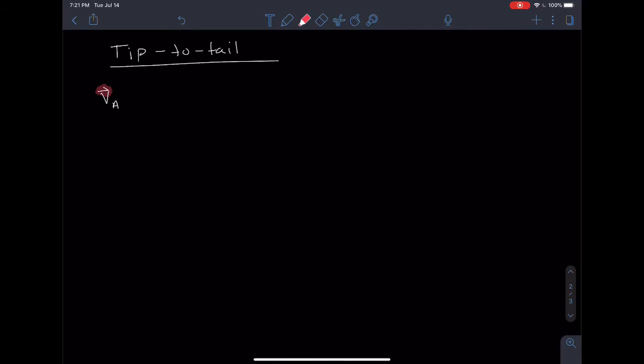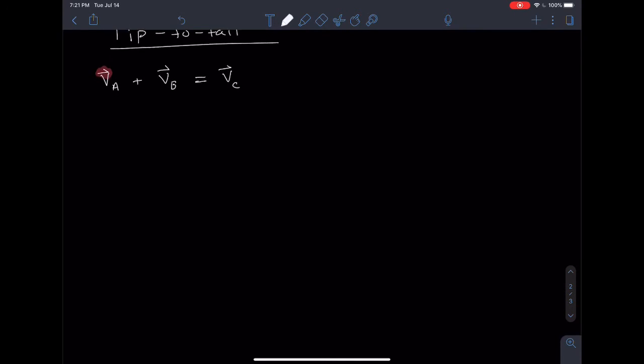You might see something written in bold, but since I'm handwriting, I can't write in bold. A vector always has this little arrow on top of it. Let's say we want to do vector A plus vector B, which adds together to form a new vector, which we can call vector C. So vector A plus vector B equals vector C.